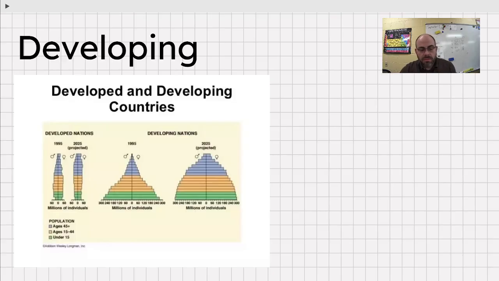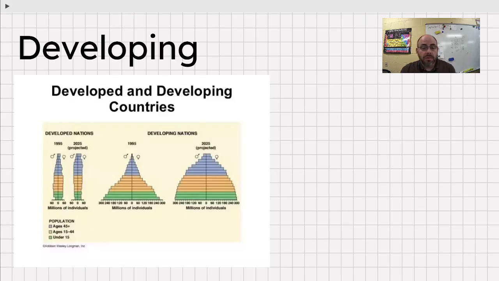This brings us to the idea of the developing countries versus the developed countries. These are words that are used all the time, and they're actually technical terms. You don't get to decide what they mean. A developing country typically has a higher infant mortality rate, so children are dying. Children are in the workforce even. And because of this, more children are being born, right?